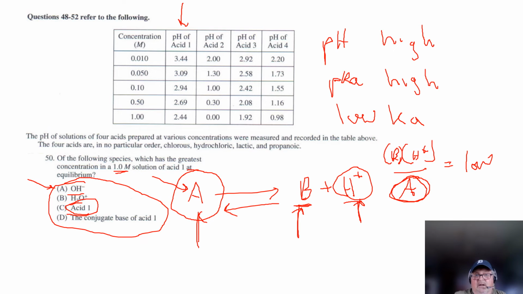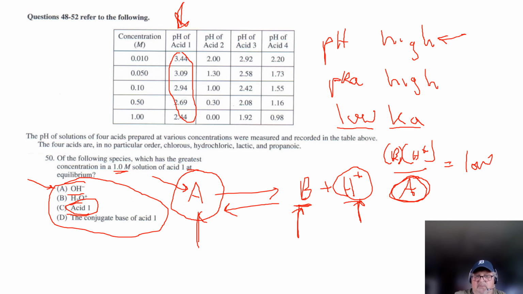So I know this guy is a weak acid because I can see the pHs are high. If the pH is high, the pKa is high, and that means it has a low Ka. And what is Ka?